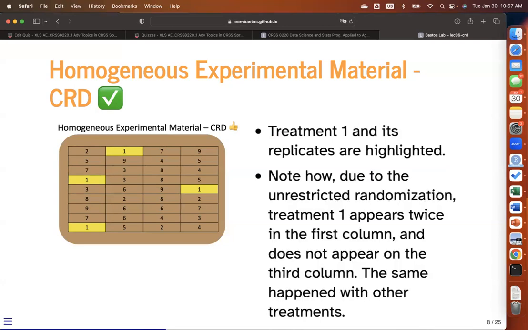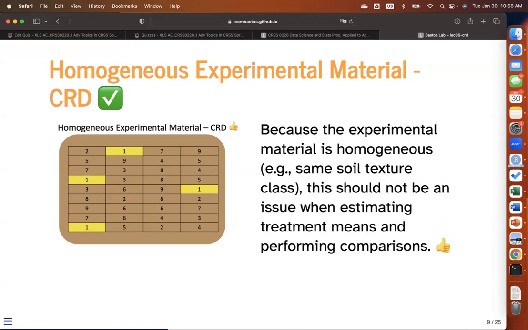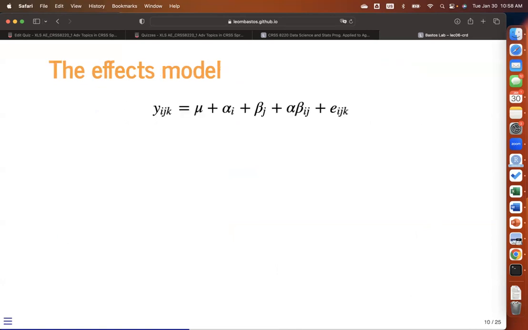This is just those notes on treatment 1 appearing 2 times in one of the columns and 0 times in another column. And because we're using the correct design for this case, we should be good.